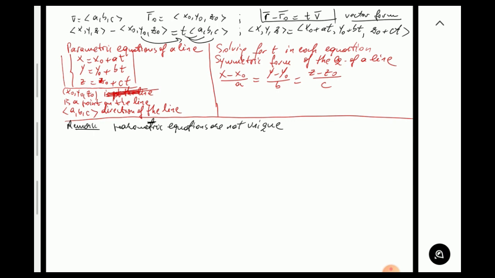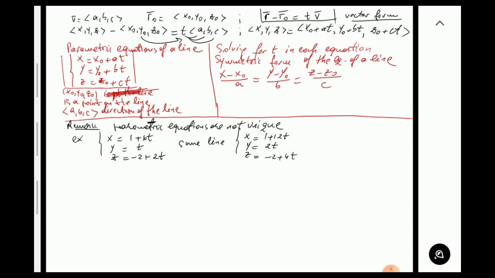So for instance, let me give you an example here. X equals 1 plus 6t, y equals t, z equals minus 2 plus 2t is going to be the same line as x equals 1 plus 12t, y equals 2t, z equals minus 2 plus 4t.